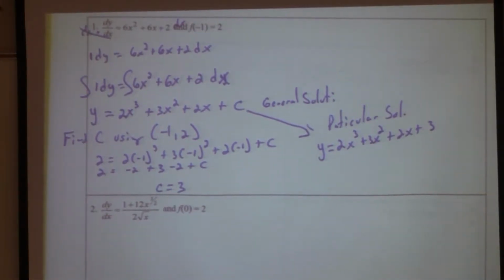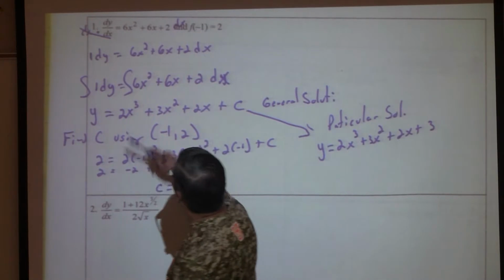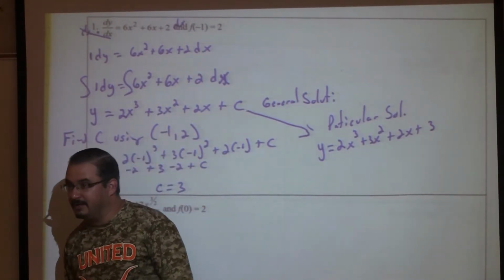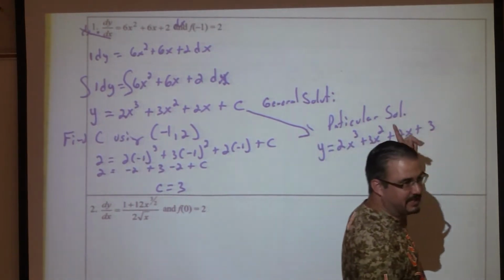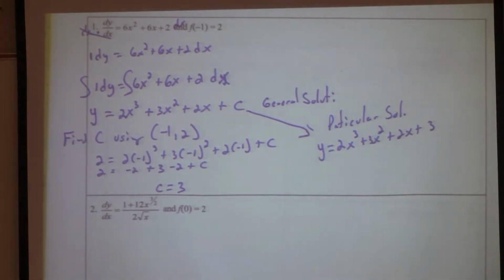We can plug in negative 1 and we should get a 2. How else can I check my answer? Find the derivative and see if we get what? That derivative, right? Now we might get, there's different things, right? This could have been a 5 and we still get that derivative, right? So you've got to be careful, okay? Cool?